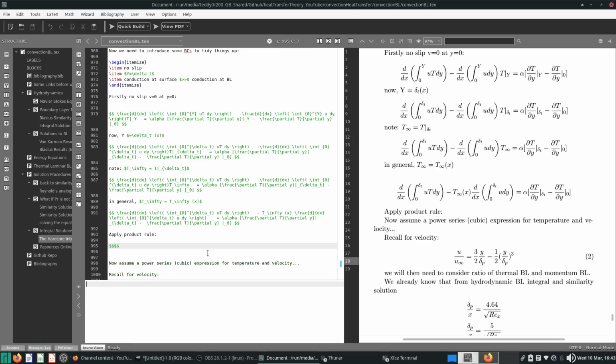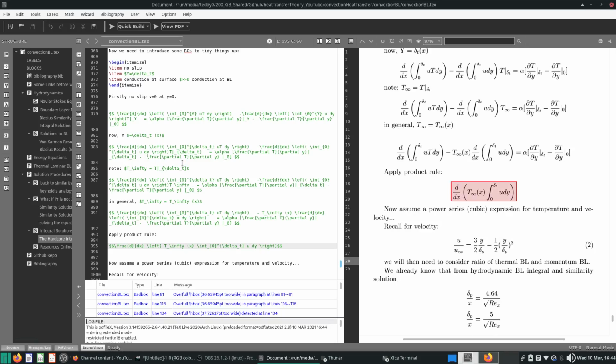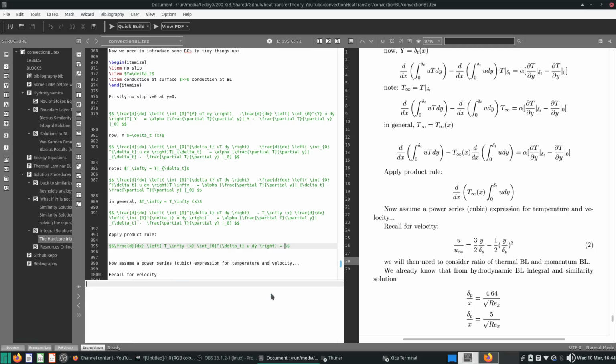So in general, what would it be like? d by dx of left angle brace here is T infinity. This is only a function of x, not a function of y. Then you have this integral from 0 to delta t of u dy. What is this going to be?